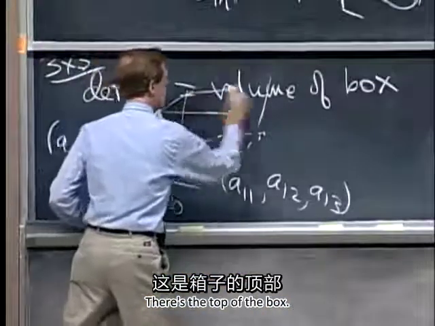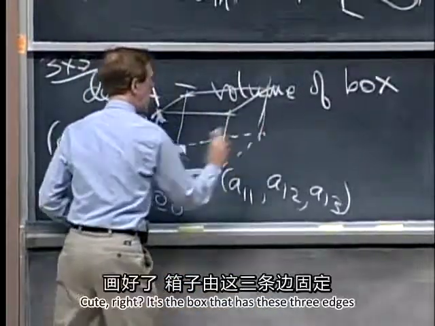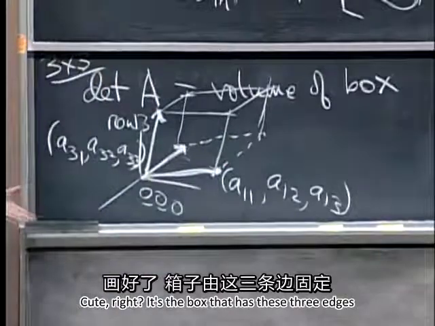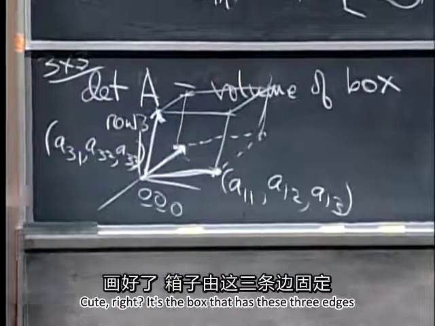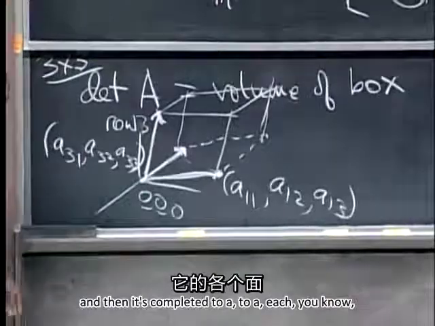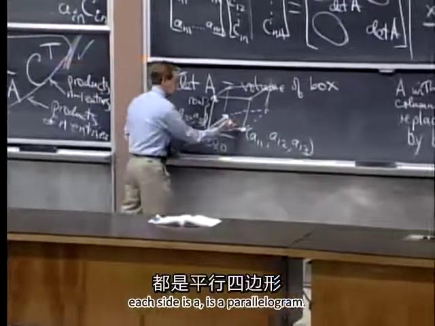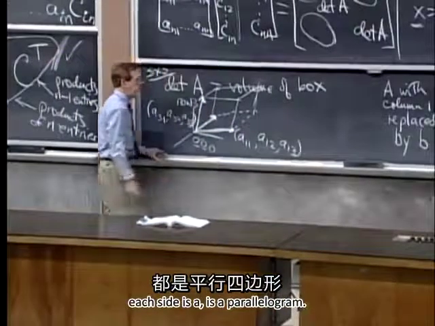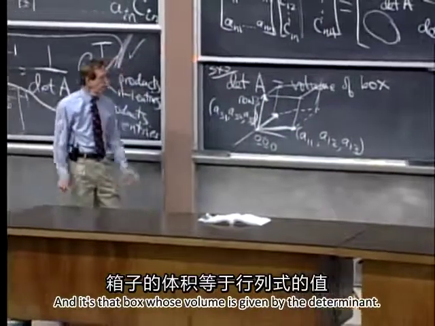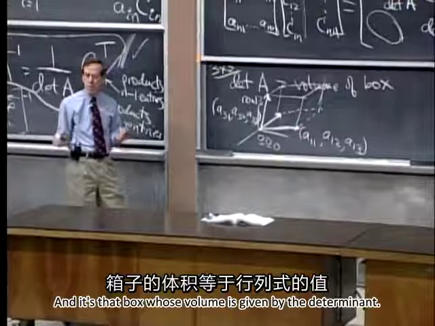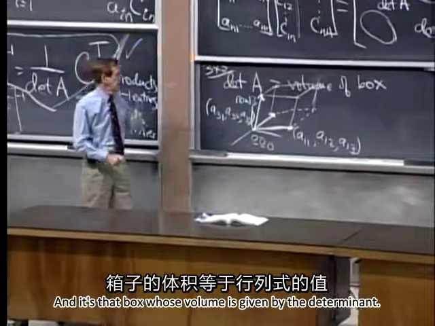There's the top of the box. Right? It's the box that has these 3 edges, and then it's completed so each side is a parallelogram, and it's that box whose volume is given by the determinant.